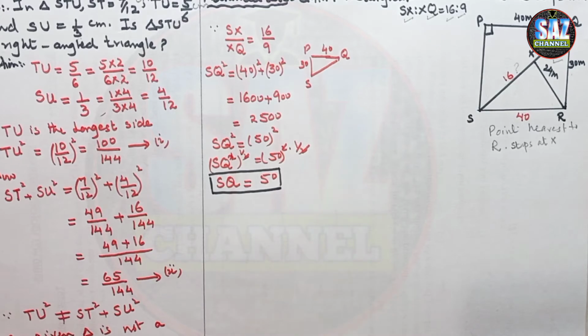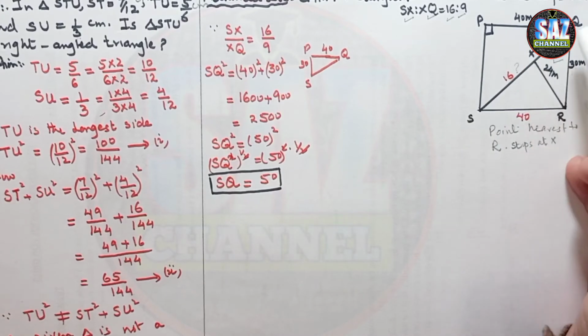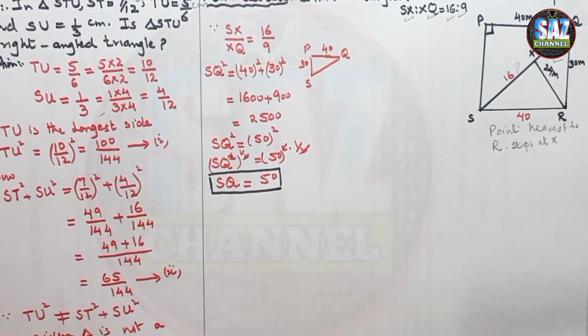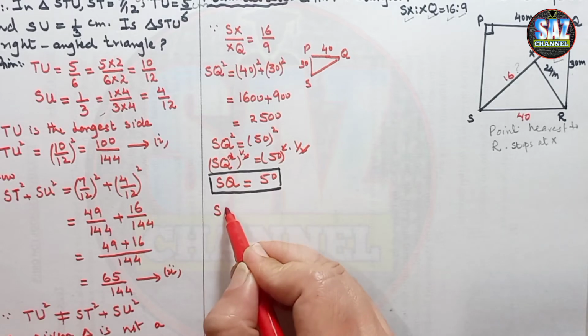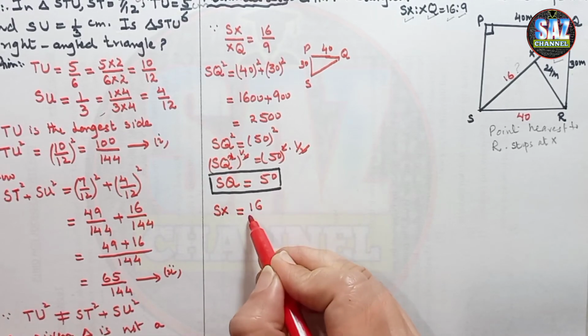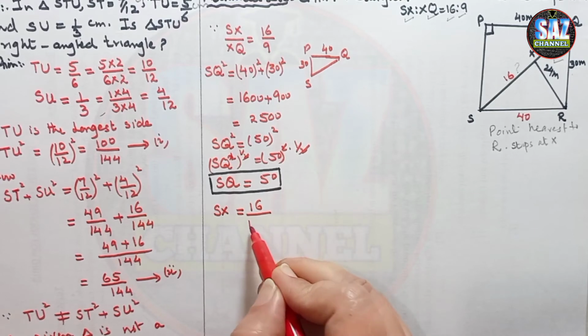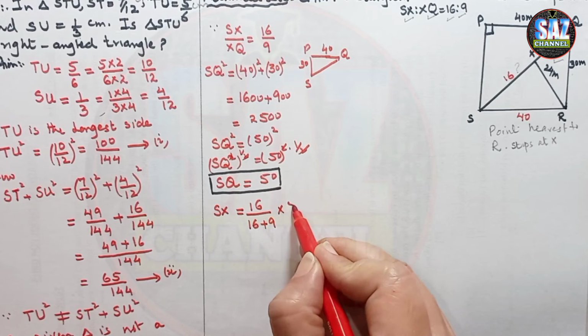Now the second problem is, when the ratios of the SX part and XQ part are given, what will be the portion of SX out of this 50? So SX length will be 16 upon the sum of the ratios, 16 plus 9, multiplied by 50.